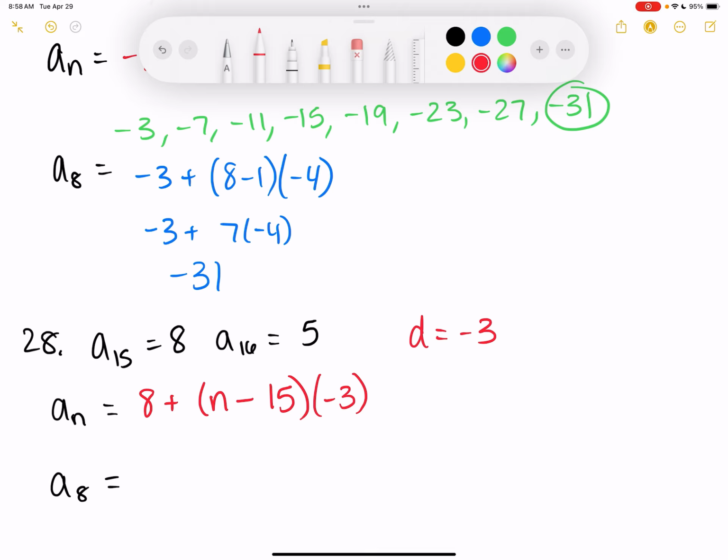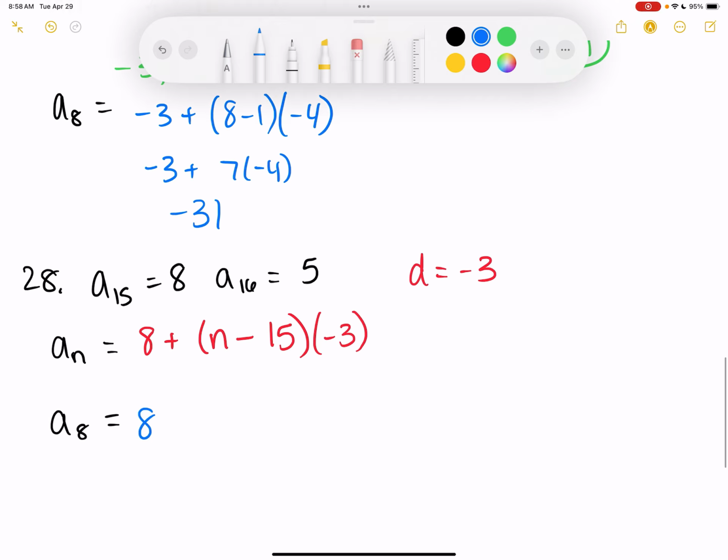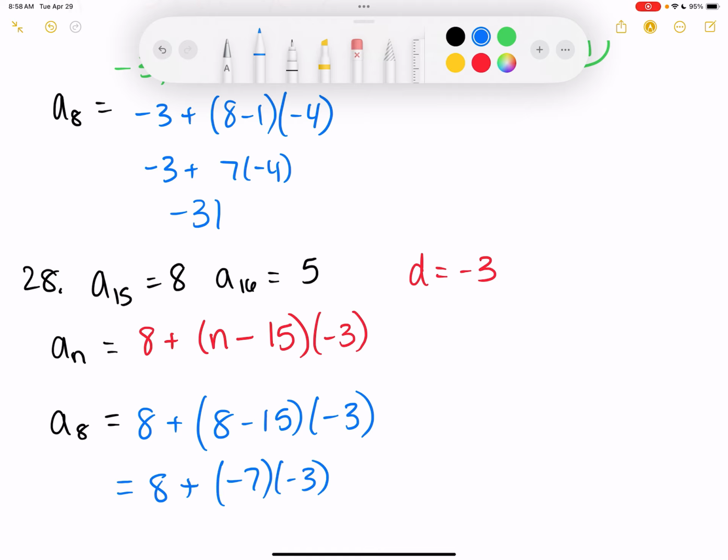So now I want the 8th term. That means n is equal to 8. So I would do 8 plus parentheses 8 minus 15 times negative 3. Well, this causes us to get a negative in here, so that's negative 7 times negative 3, all that plus 8.